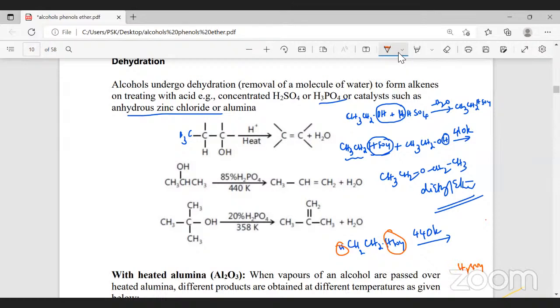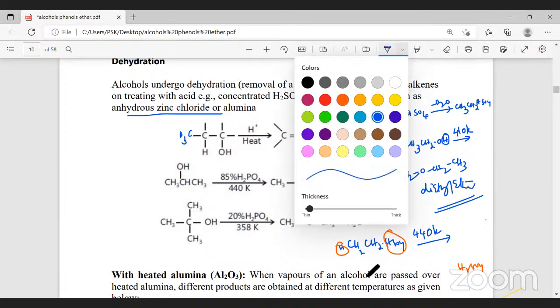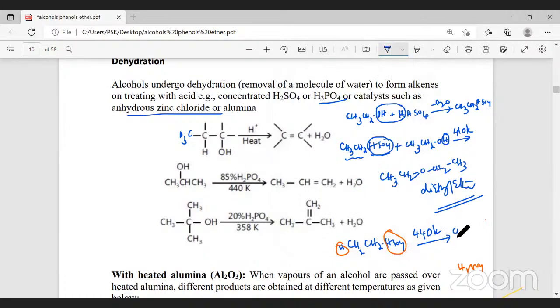What is left out now? CH2, CH2. Since hydrogen and H2SO4 are removed, a double bond is formed between carbon and carbon. So ethene.